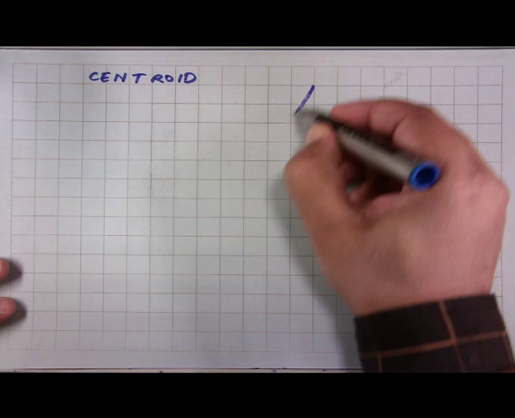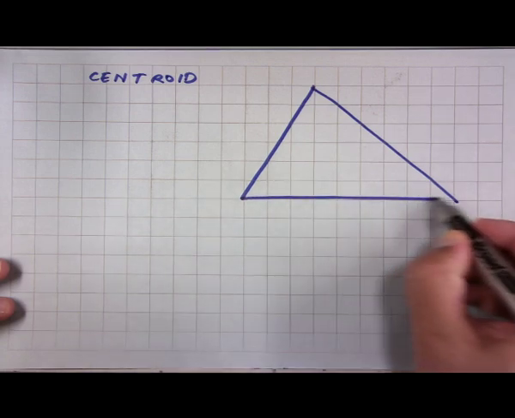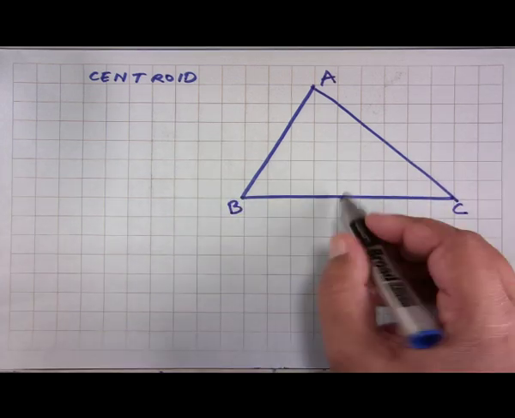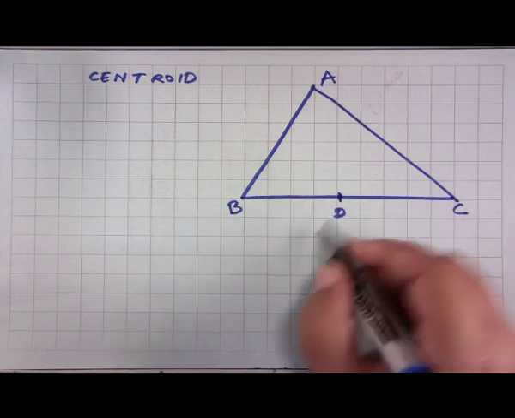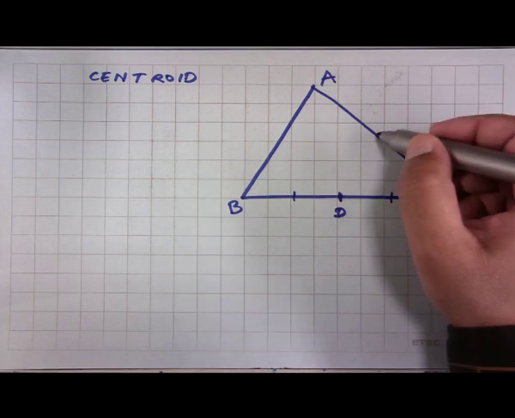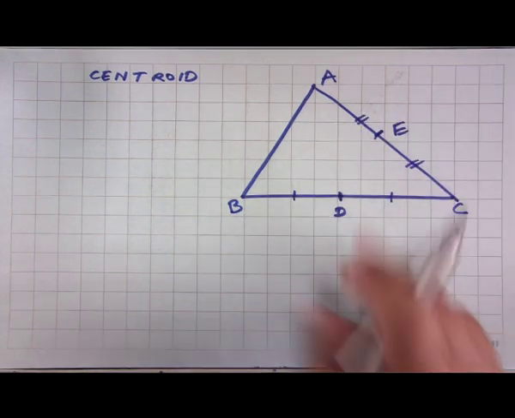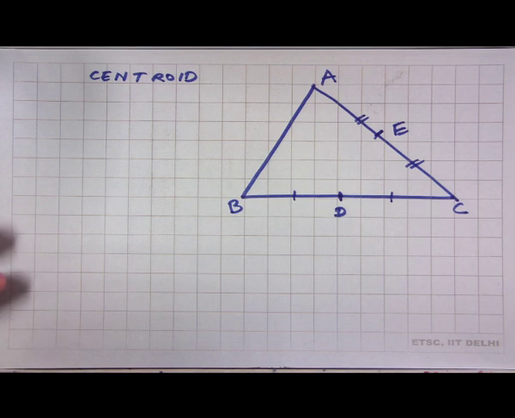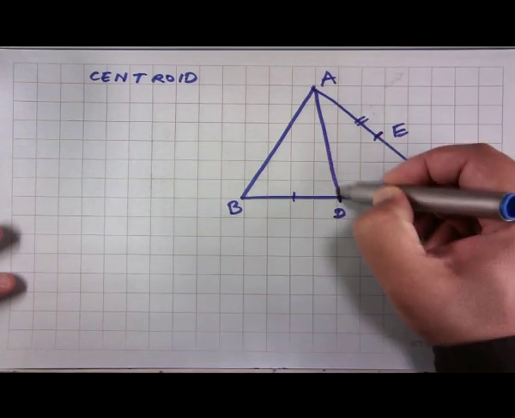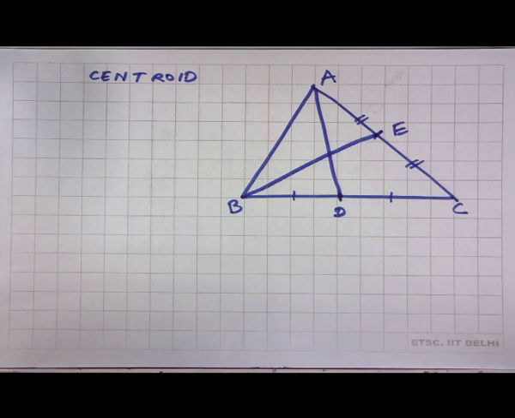Let us say that this is our triangle ABC, and let us say that the point D is the midpoint of this side BC, and the point E is the midpoint of the side AC. Let us connect each midpoint to the opposite vertex of the triangle with a straight line. These two straight lines are called medians.